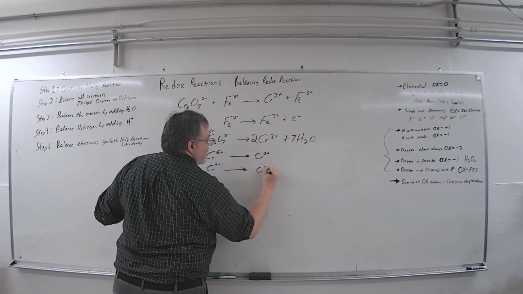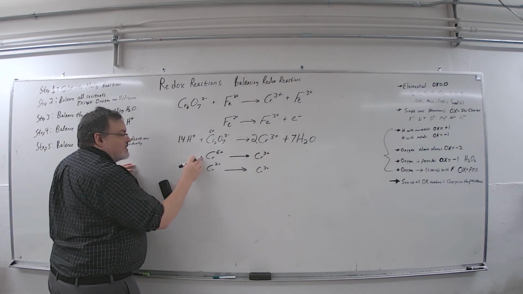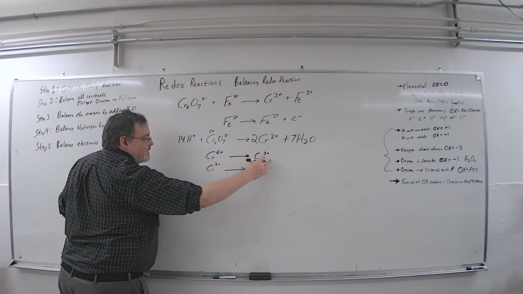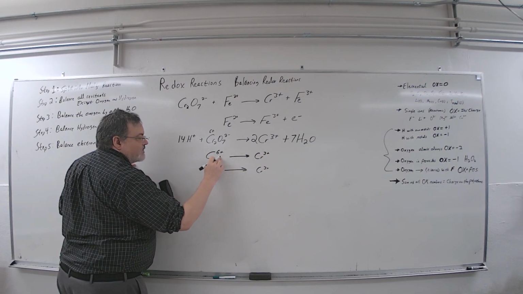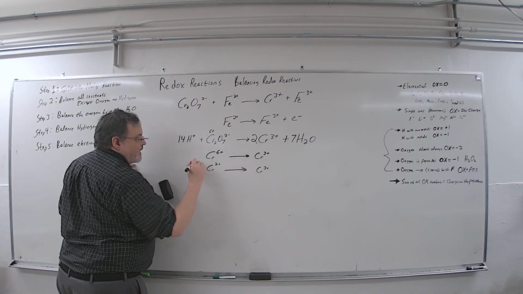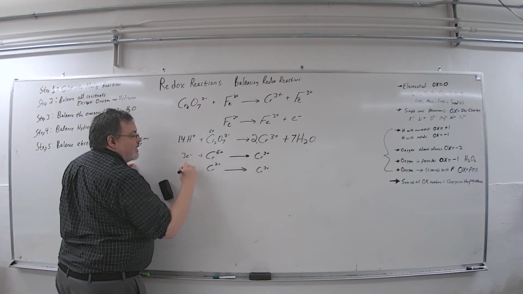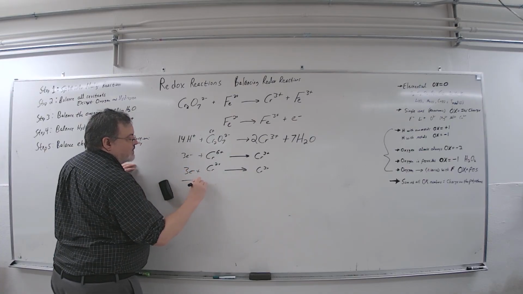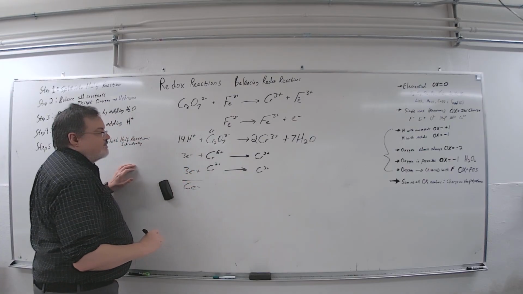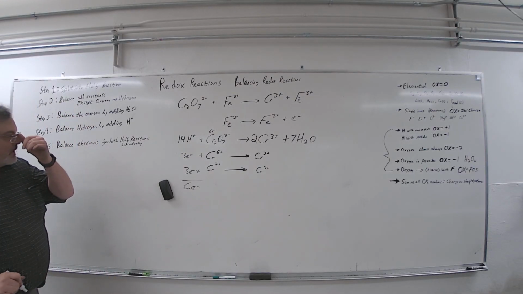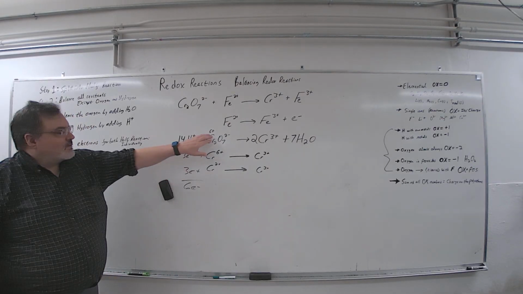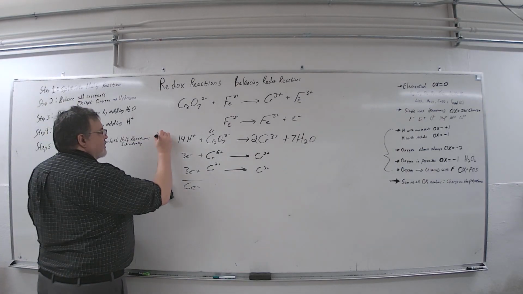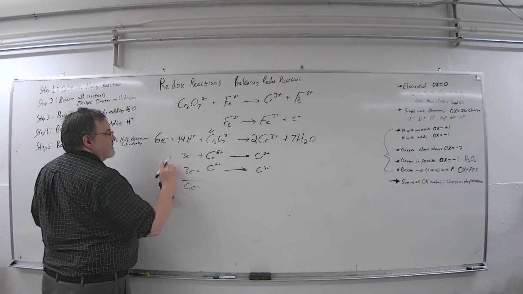And then think, what do I have to do to this to turn it into that? I've got to reduce it, so I've got to add 3 negative charges to bring the 6 down to a 3. And the same thing here, because they're identical, which means a total of 6 electrons. That's the better way to do it. I think we'd have to split all those out into ions to think about it as charge. So that's where I came from, 6 electrons.